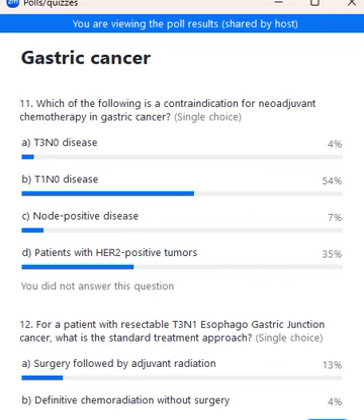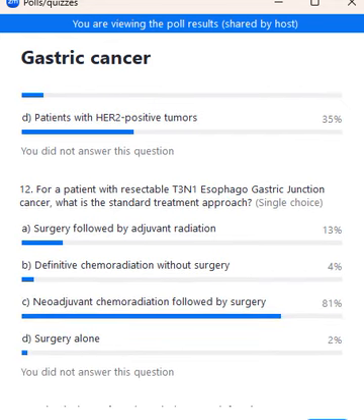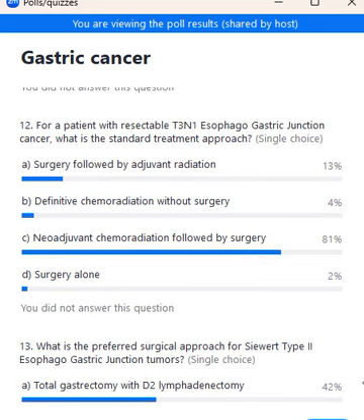Question number 12. For a patient with resectable T3N1 esophagogastric junction cancer, what is the standard treatment approach? Option A, surgery followed by adjuvant radiation. Option B, definitive chemoradiation without surgery. Option C, neoadjuvant chemoradiation followed by surgery. Option D, surgery alone.